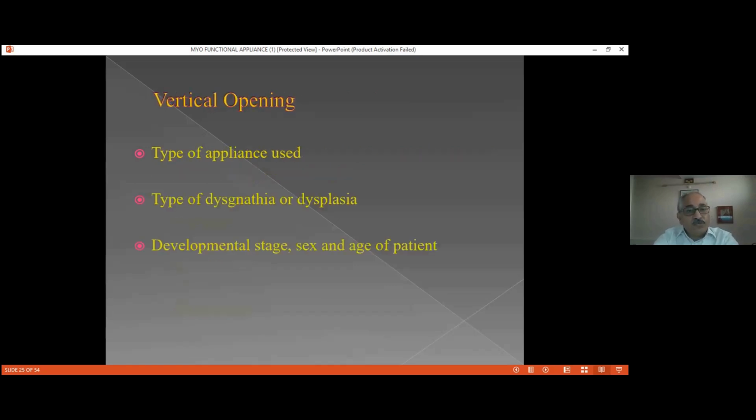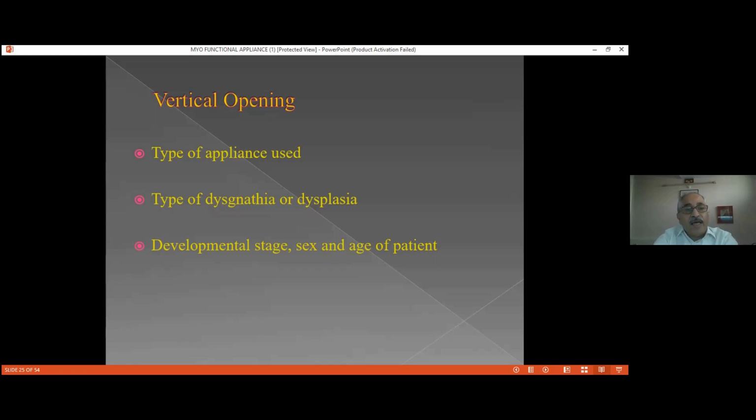Now, vertical opening depends on the type of the appliance used. For every type of appliance we desire to put in that particular situation, the vertical bite opening is different. First we decide what appliance we are going to put, and for that appliance the vertical opening is determined.